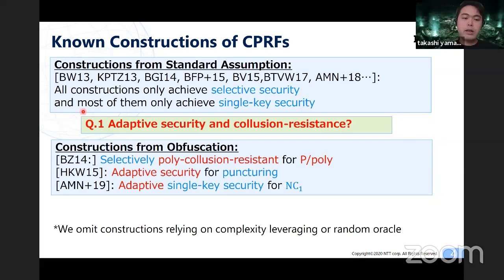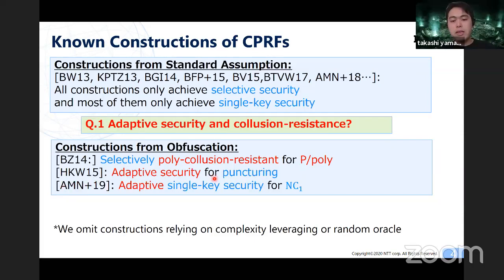As another category, we also consider constructions from obfuscation. In this category, Hofheinz and Andrews gave a construction of collusion resistant CPRF for P/poly, which is all polynomial size circuits. However, this construction is only selectively secure. On the other hand, there are two constructions of adaptively secure CPRF based on obfuscation.